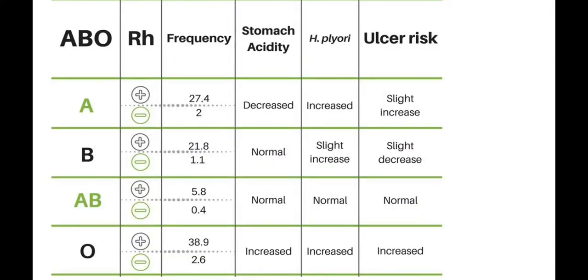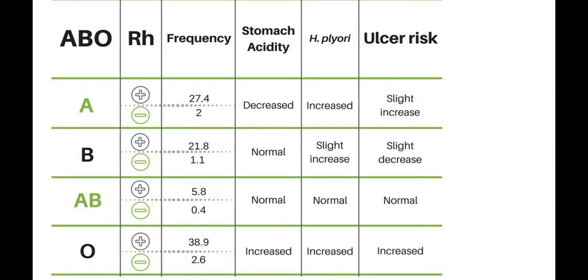There are some things related to blood type that medical science cannot explain why they work, so somehow the traits are related. In particular, the stomach acidity of the gastric juice is related to the blood type.